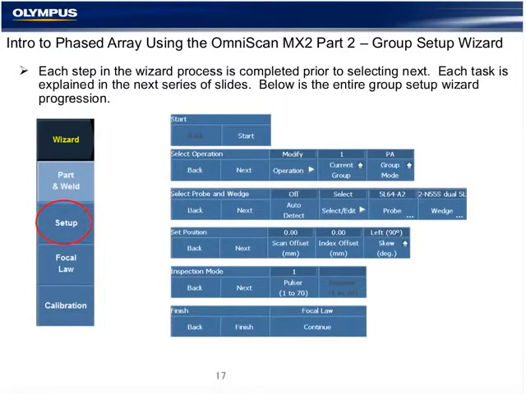Every individual step is explained in great detail in the full MX2 training program that is included in the download material you will receive from this webinar. It takes us through a step-by-step of populating the hardware necessary to form our first sector scan group.